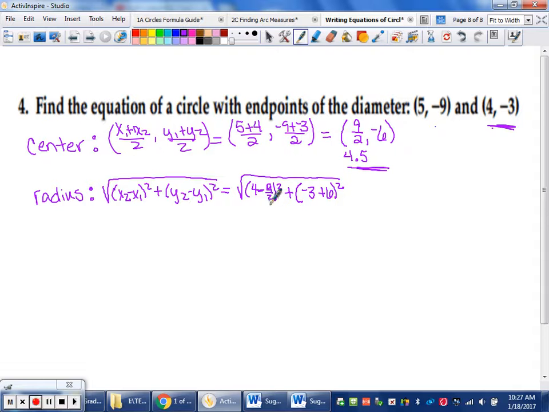Okay. 4 minus 9 over 2 would give me 1/2 squared, gives me 1/4, plus negative 3 plus 6 is 3, squared is 9. So that would give me the square root of 1/4 plus 9, which is the square root of 10 over 4. Okay?